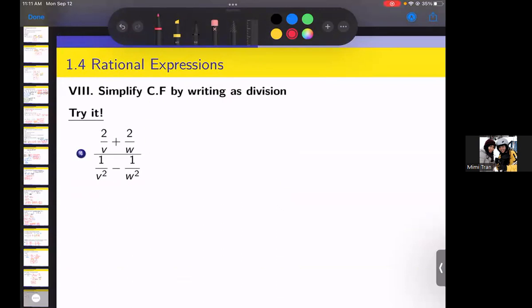Okay, so for this one, I'm going to focus on one fraction at a time. I'm going to focus on the numerator first, and then the denominator. What is the LCD for the numerator? Yeah, VW. I'll do it like this.